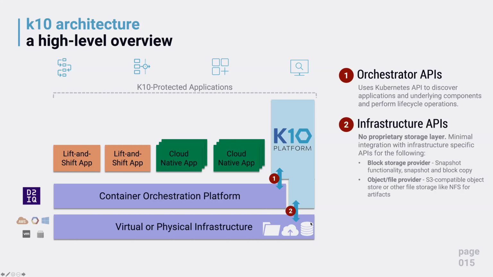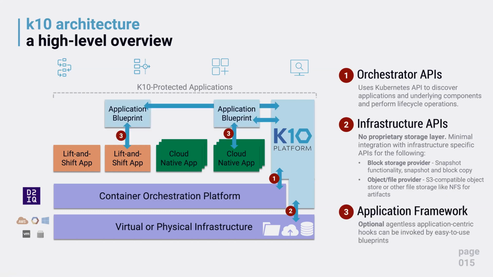Then, you get the options of how you want to manage your data on the back end. That infrastructure layer is completely up to you, but we have support for block, object, and file storage, and really any kind of virtual or physical infrastructure that you plan to maintain.